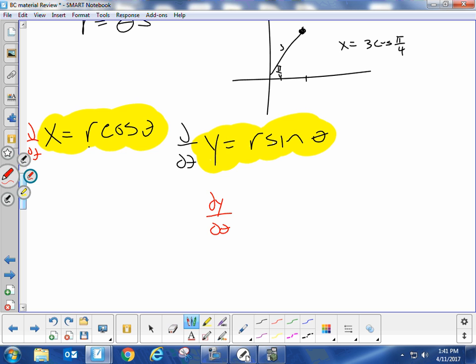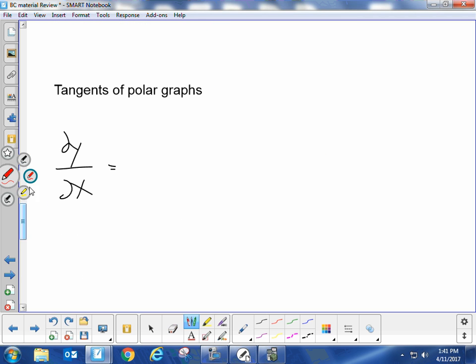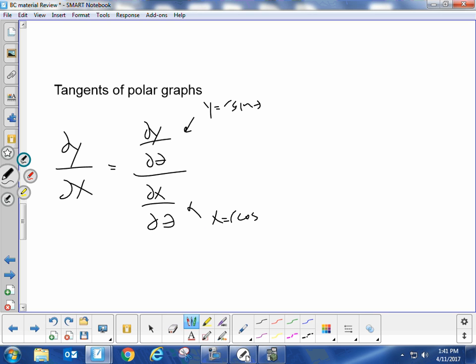If you took the derivative of this, this would give you dx/d theta, how quickly your x is moving at a specific moment in time. So the tangents of polar graphs are going to be that dy/d theta divided by the dx/d theta. That would be the only way you would find the tangent of the polar graph. Okay, take the derivative of the y. Remember that y is r sine theta and x is r cos theta.